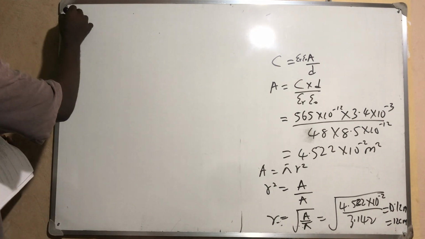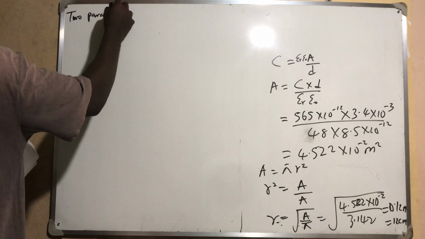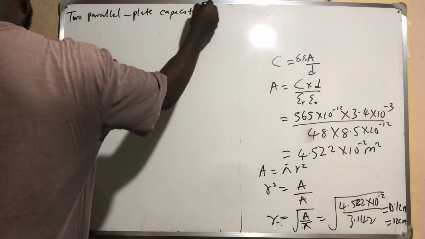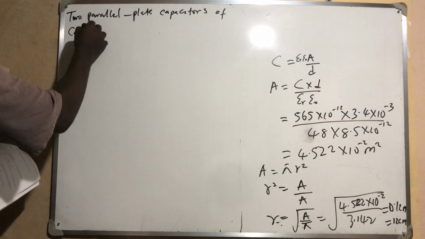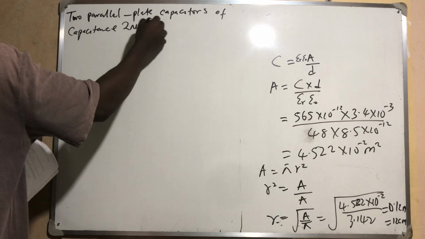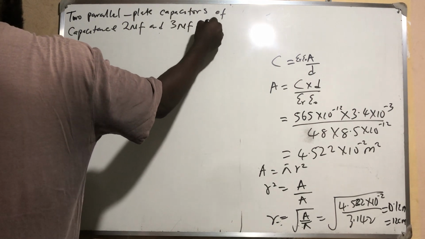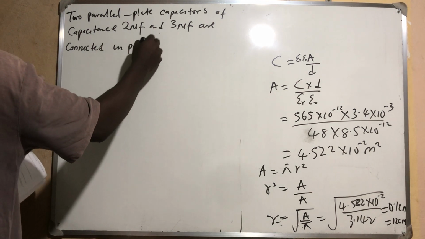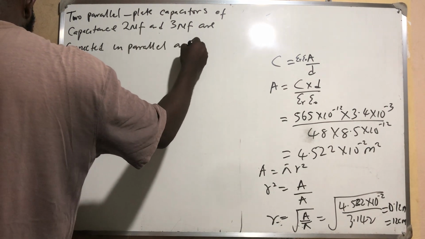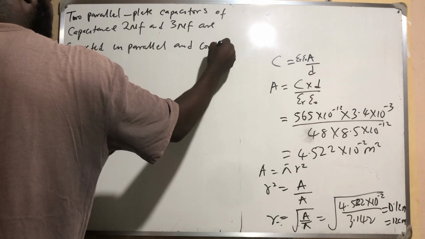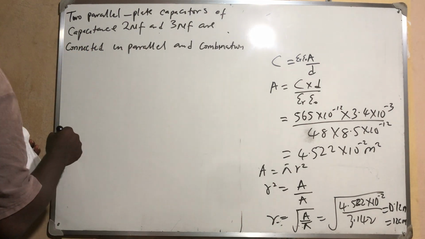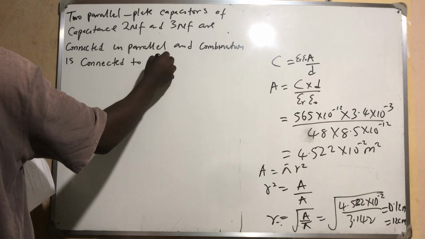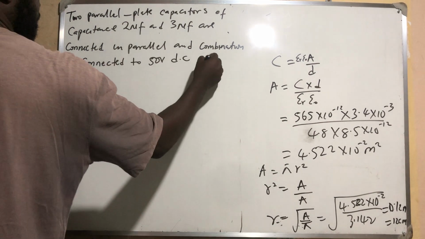It said two parallel plates capacitor of capacitance 2 mu farad and 3 mu farad are connected in parallel and the combination is connected to what? 50 volts DC, direct current source.